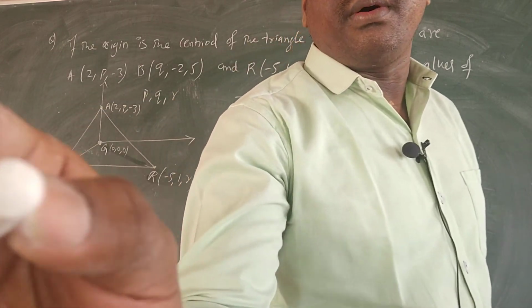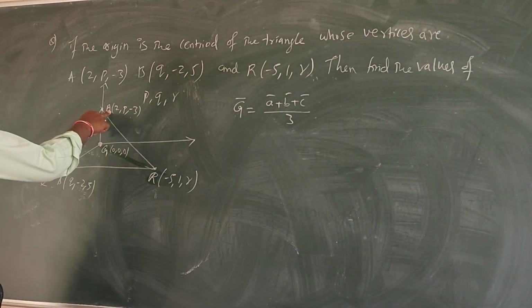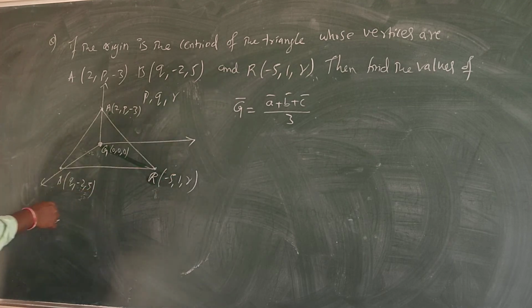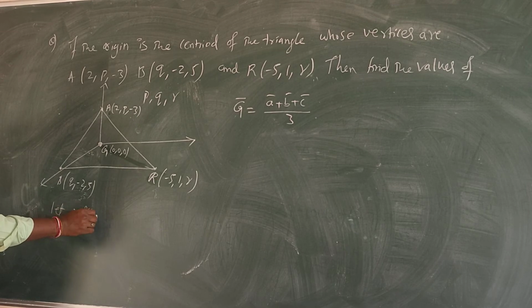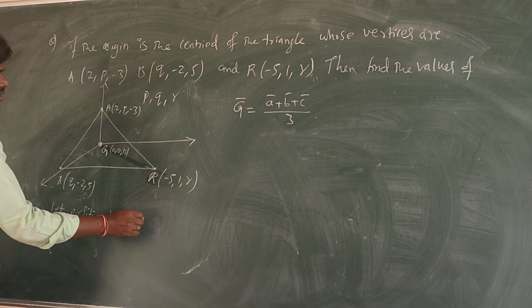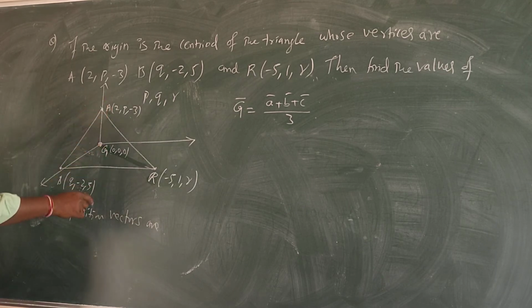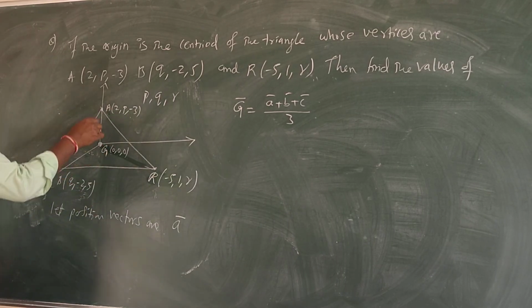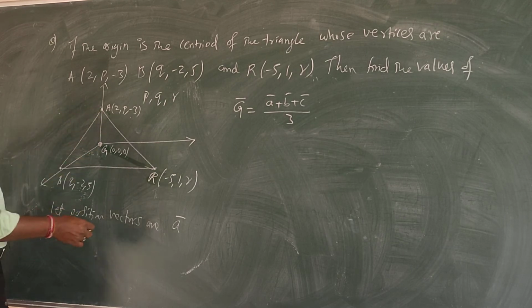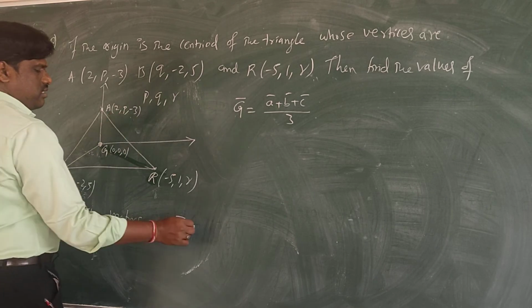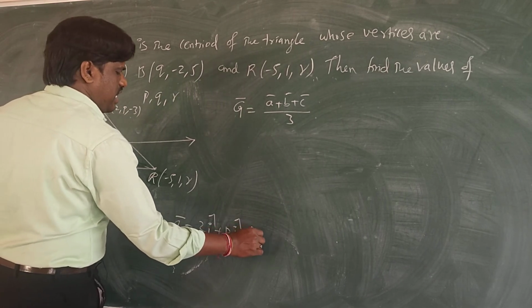Let the position vectors be A, B, C. The position vector of A, OA, is 2i cap plus pj cap minus 3k cap.